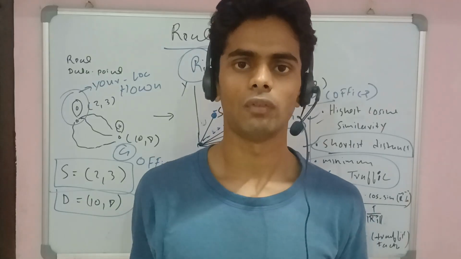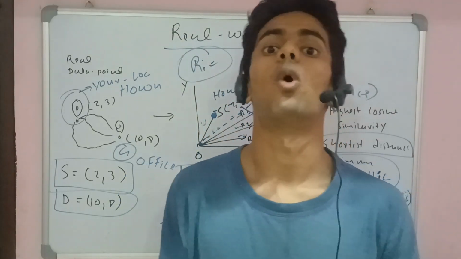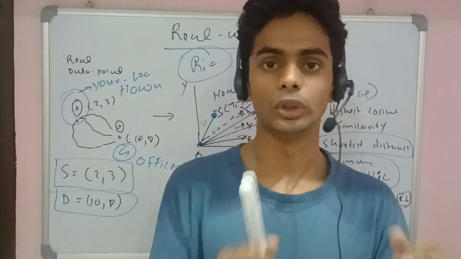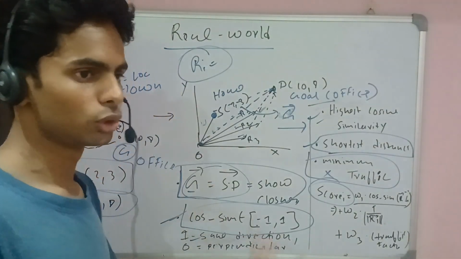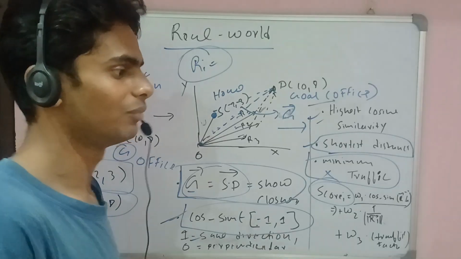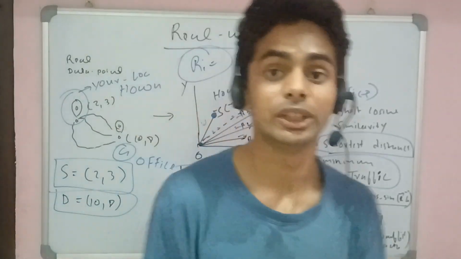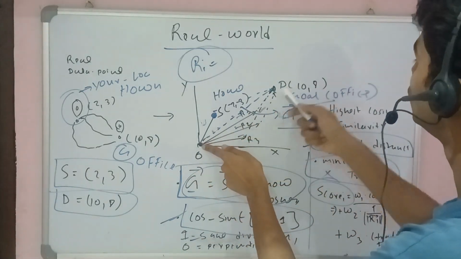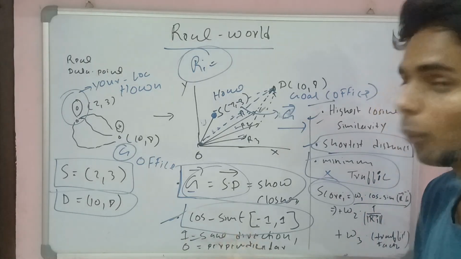That is the main goal of this real world application: to understand the use cases of vector operations. The main aim is the dot product, which is used to find the difference between two routes, or two vectors, meaning how similar both vectors are.